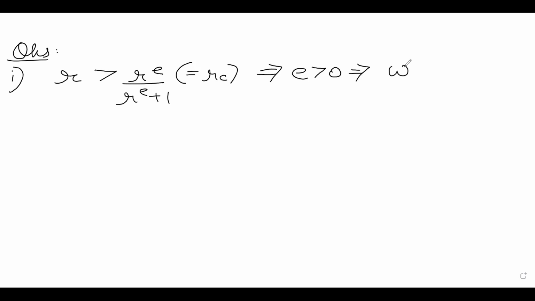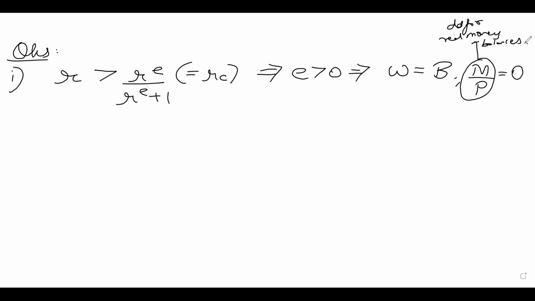This implies all my wealth is in the form of bonds, and demand for money is equal to 0. Demand for real money balances, M by P, denotes what? M by P denotes demand for real money balance. Real money is nothing but nominal money divided by the price level. We have done this in our introductory macroeconomics course.